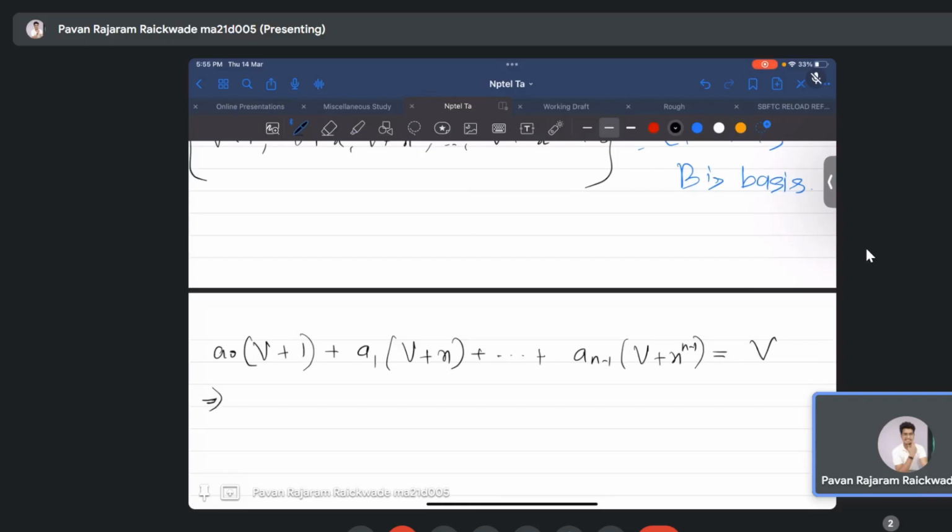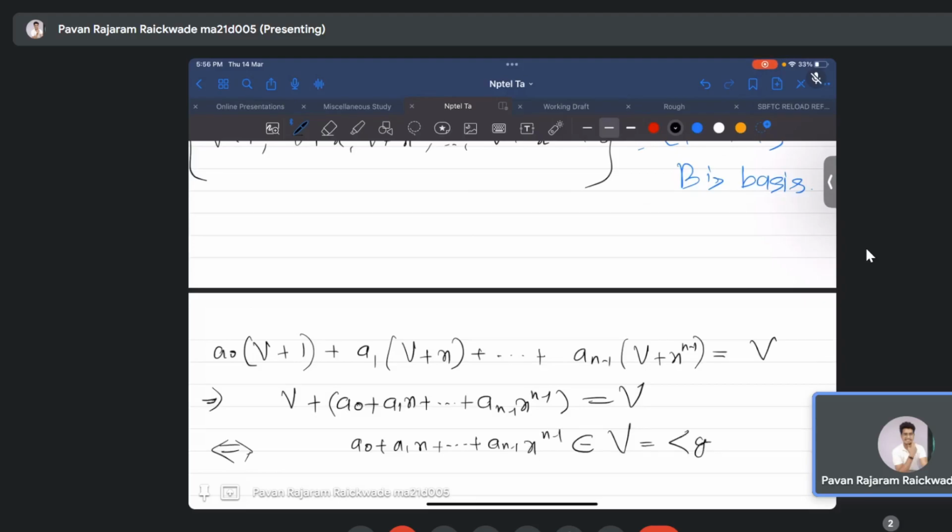So this implies V plus a naught plus a1 x plus until a n minus 1 x raised to n minus 1 equals V. But this happens if and only if this polynomial belongs to V, which is generated by g(x).